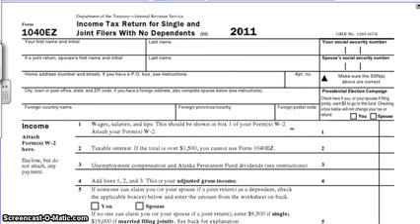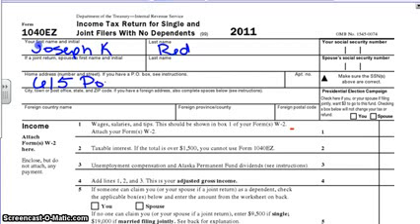So we go back to our 1040 Easy form, and we start filling out Joseph K. Last name is Red. His current address is 615 Poplar Drive.